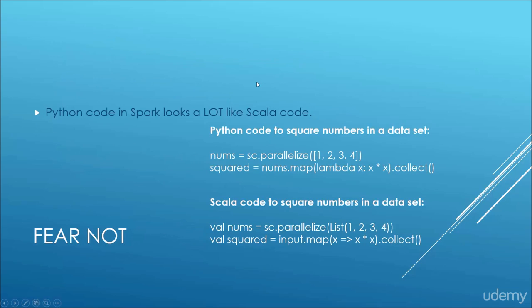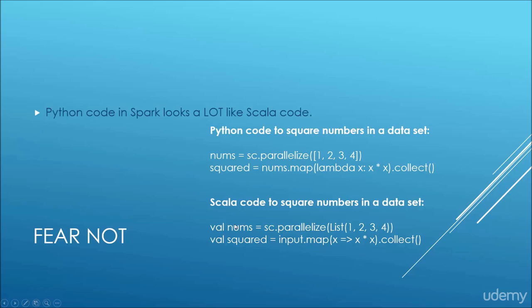Another reason that choosing Python isn't that bad of a choice for this course is that Python code in Spark looks a lot like Scala code in Spark, even though they're very different languages from each other. Within Spark, they look very much the same. They both use a lot of functional programming paradigms. We're using lambda functions in Python as opposed to the syntax in Scala for doing the same thing.